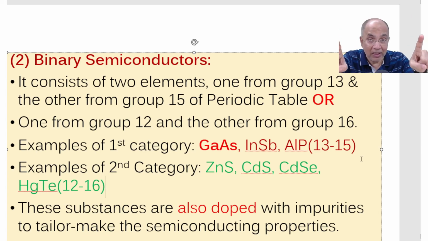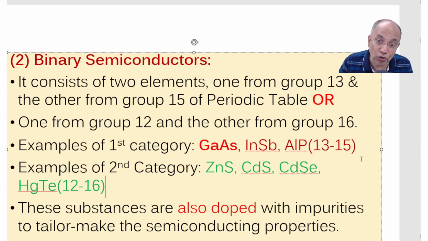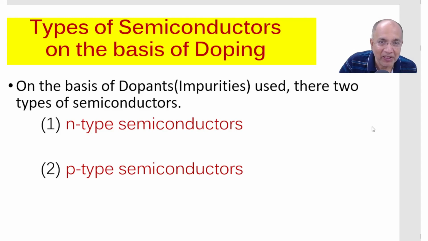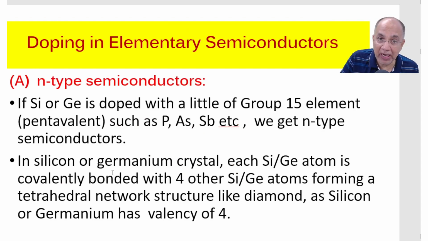But this semiconductor is also to be doped, added with impurities, if you want to get conducting property at room temperature. Doping is inevitable, whether it is a single element, elementary semiconductor, or a binary semiconductor. Now let's see. The type of doping classifies the semiconductors into two types, N-type or P-type. And let's see what N-type semiconductors are.